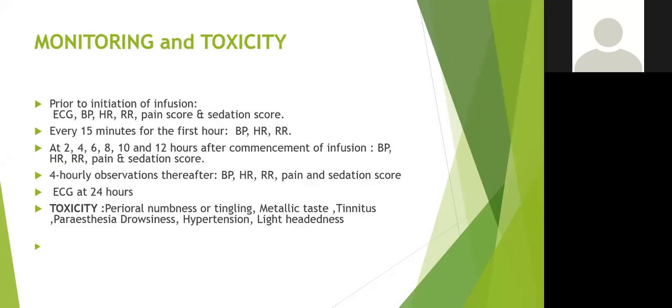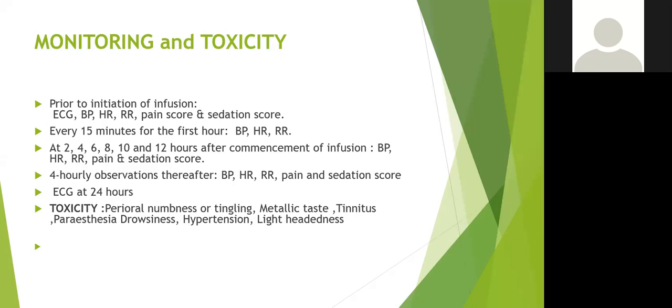Next slide. There are a few things we have to monitor because you're giving a liquid infusion, and that's why it's important to know where you give it. Prior to starting the infusion, get an ECG for the patient, get the BP, heart rate, respiratory rate, pain score, and sedation score. What they advise is every 15 minutes in the first hour, do the BP, heart rate, and respiratory rate.